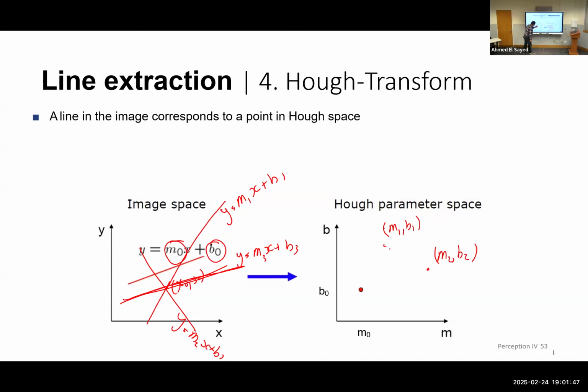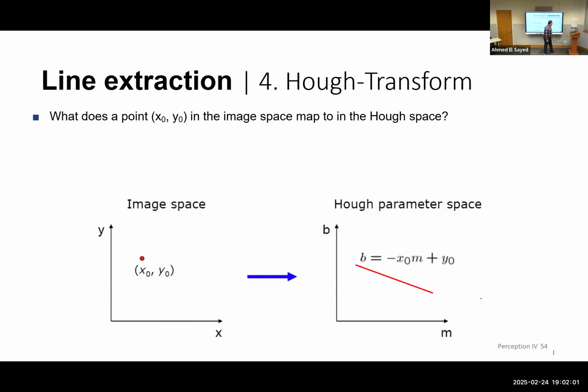If you connect all those points here in the Hough space, you will find that they form a line. So the point in the Euclidean space is represented with a line in the Hough space. So they are opposite of each other. A line here is a point here. A point here is a line here. Is this clear?